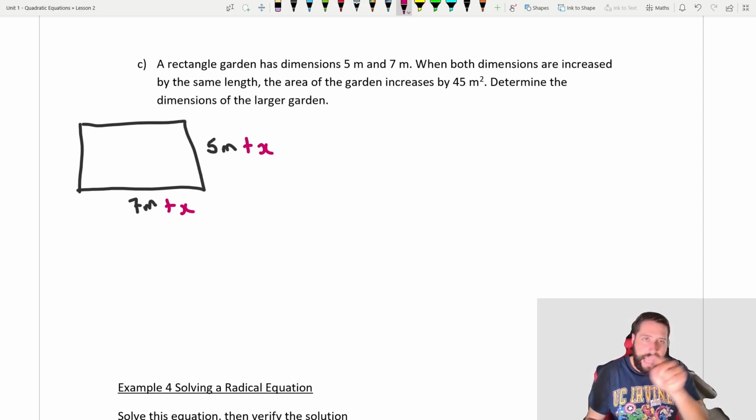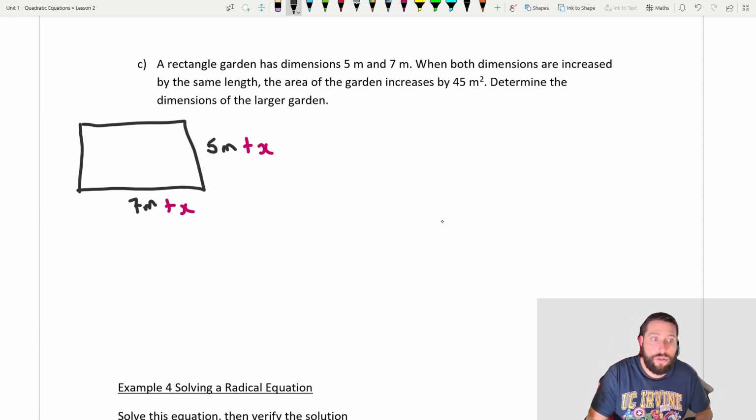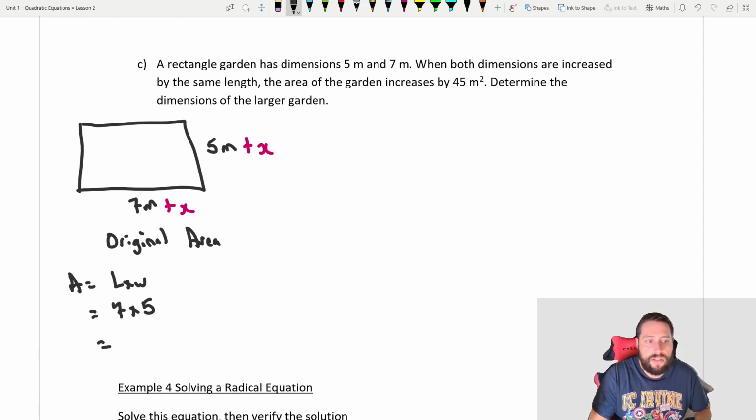But before we get into any of that, let's calculate the original area. So the original area, okay, so area equals length times width, which means that it's equal to 7 times 5, which means it's 35 square meters.